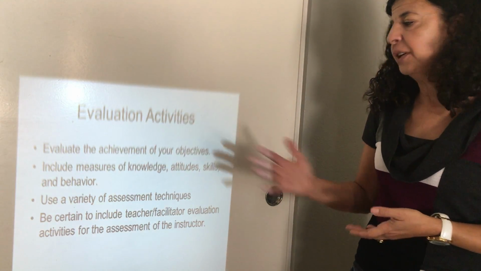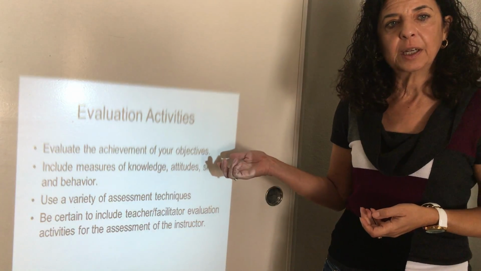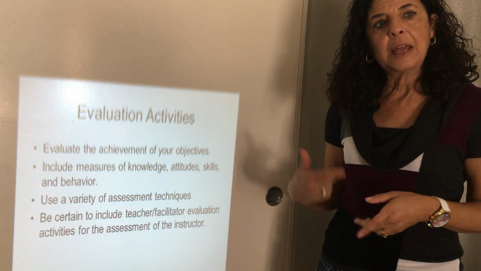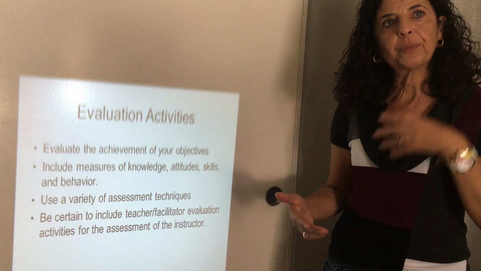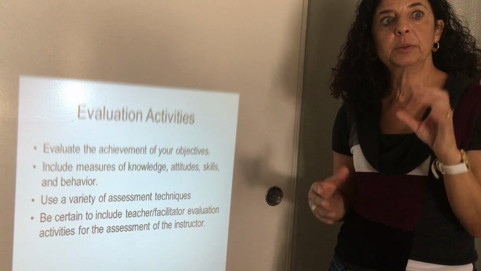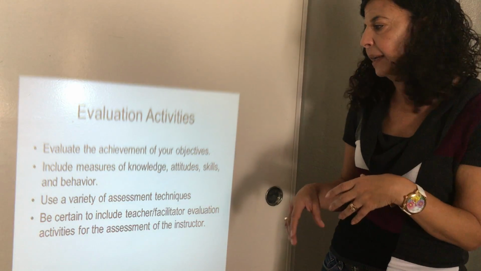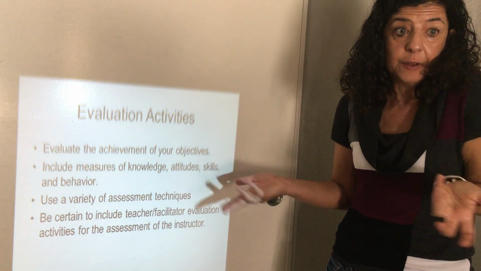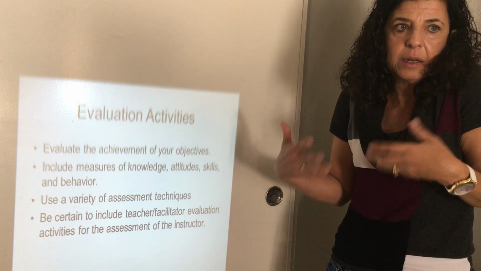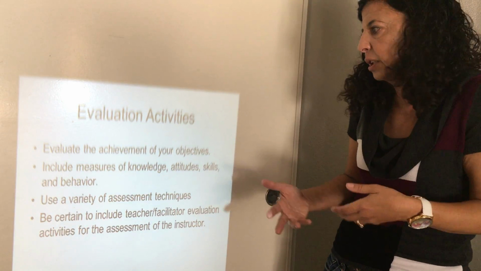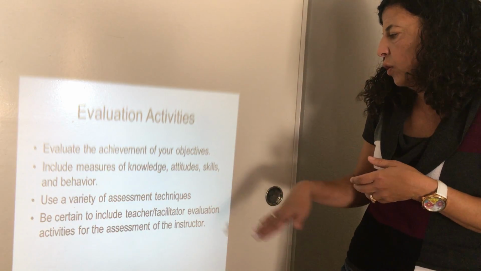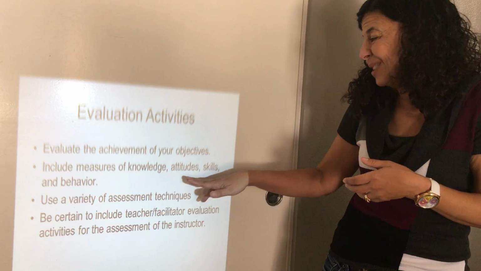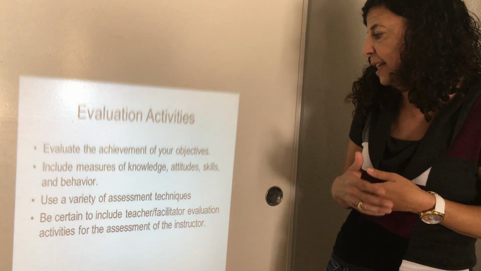Then make sure that you evaluate the achievement of each of your objectives. Your objectives in assignment 2 were written in a way that they could be evaluated. You want to know if you've met them, and if not, that's impetus to revise your curricula. You want to measure knowledge, but also attitude, skills, and behavior change.